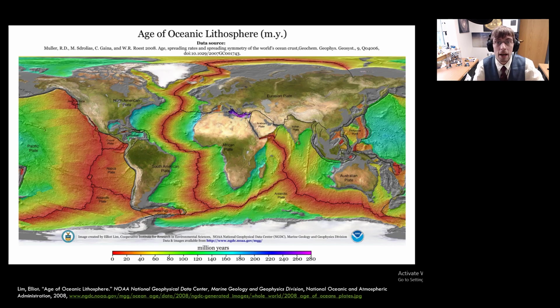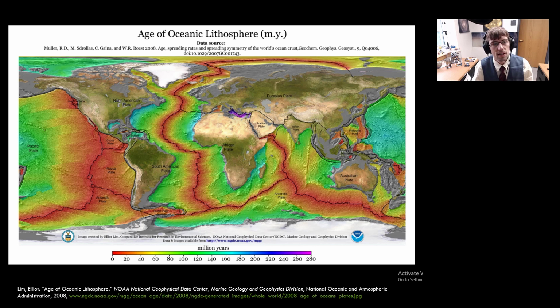This is a current map from the U.S. Geological Society: age of the oceanic lithosphere. If you prefer, you could say the plate tectonics. The areas colored in red are showing you where new material is being introduced at a ridge. As you go into the greens, yellows, and blues, you're going to older and older crust, or older plate material.